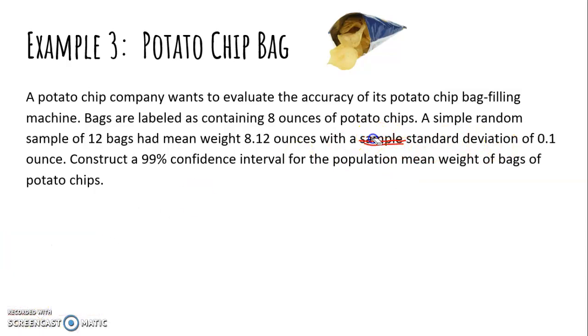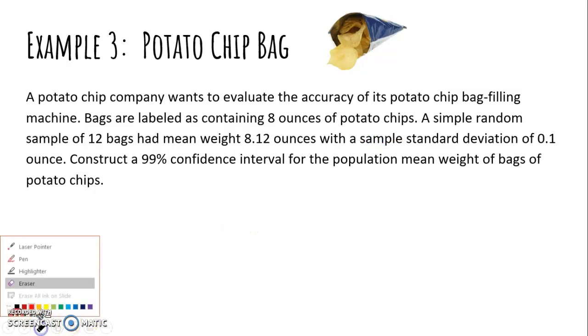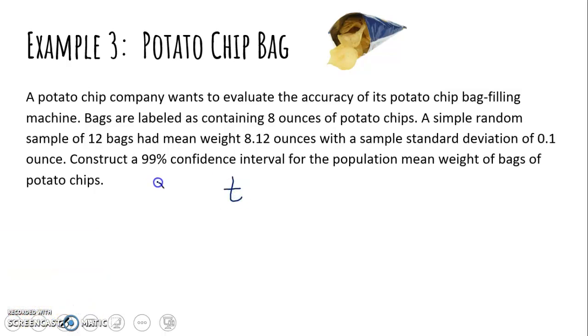So because it's a sample standard deviation and not a population standard deviation, we will be using the T formula. So we will be using x bar plus or minus the T critical value times the sample standard deviation over the square root of n.